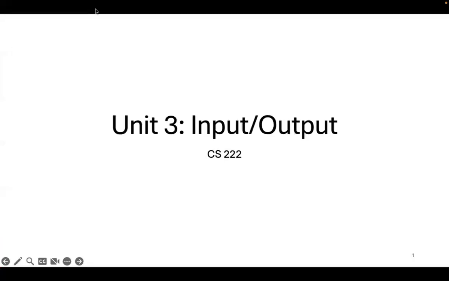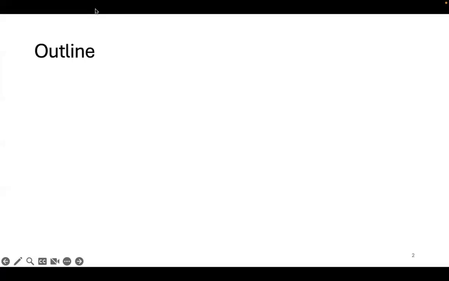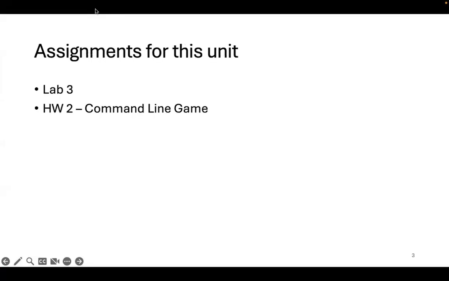So let's get going. We're going to talk about input output. Here's where an outline would be if I had remembered to make an outline. The basic idea is we're going to look at how we do input in Java, and then we're going to play with some exceptions for how we manage this input.